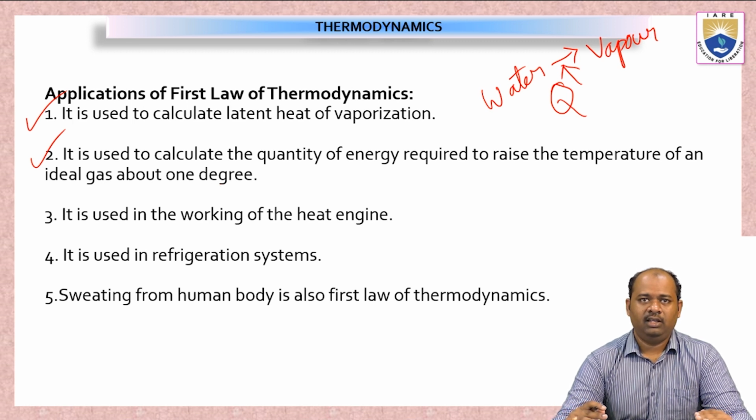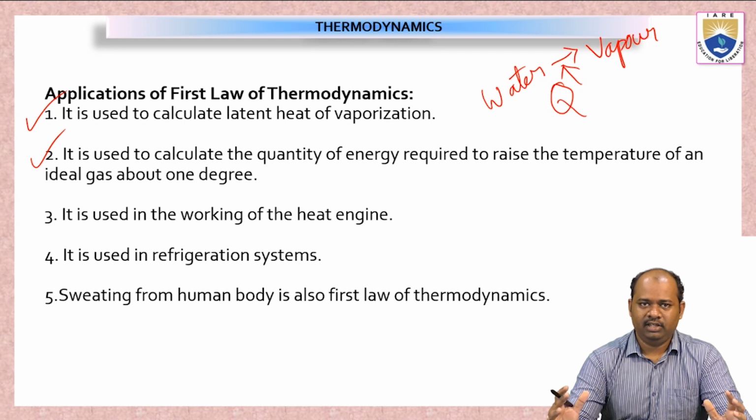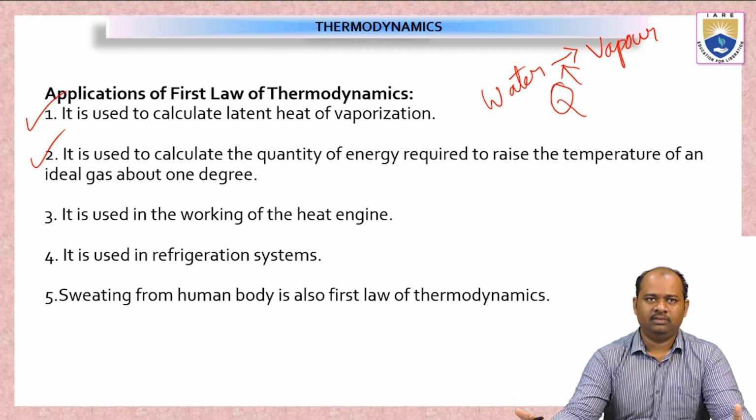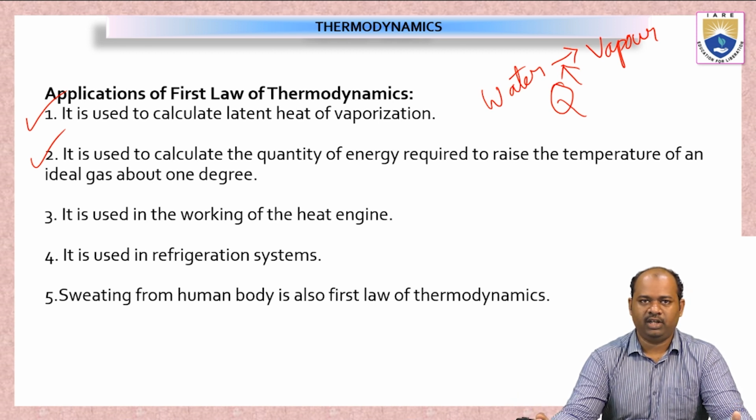If I take a gas in a closed system, and if I am continuously supplying some heat, if I want to increase the temperature of the gas by 1 degree, like if the temperature initially is 25 degrees centigrade, now I want to increase the temperature to 26 degrees centigrade. How much amount of energy do I have to supply to the gas in order to do this? So that is also calculated with the help of the first law of thermodynamics.